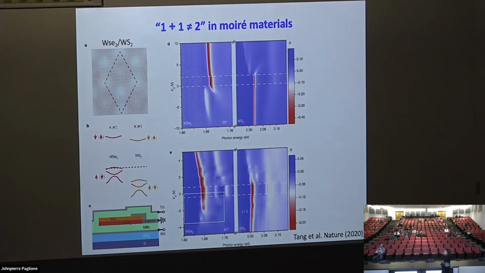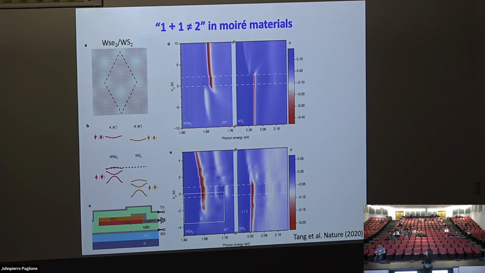Okay, so now we're going to do spectroscopy on this material. In this particular case, it's a tungsten selenide and tungsten sulfide moire bilayer. We just shine light from the top and detect the reflection. The top case is when the two layers are at a large, random twist angle.